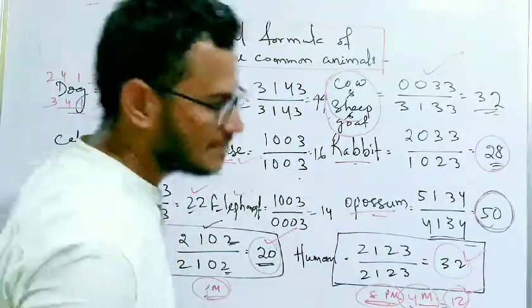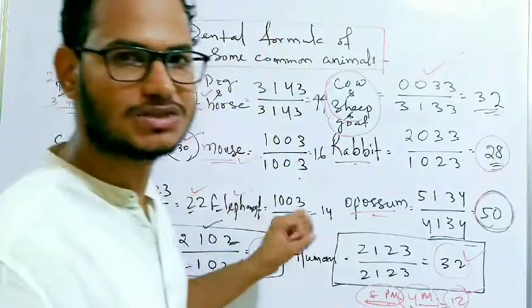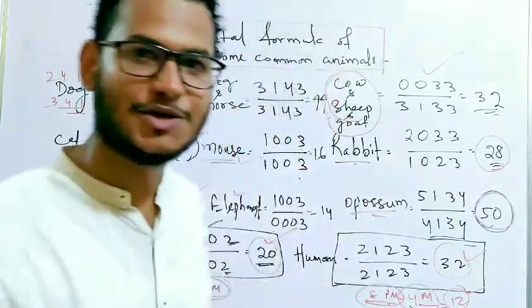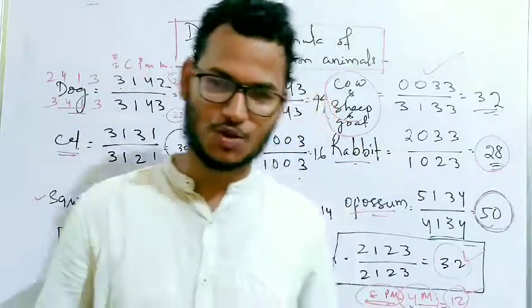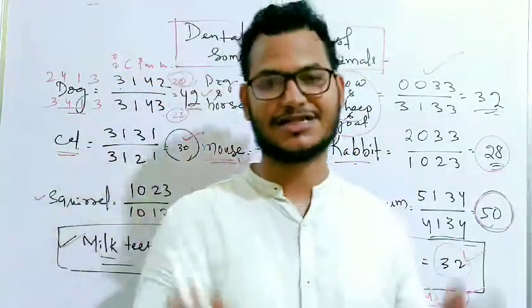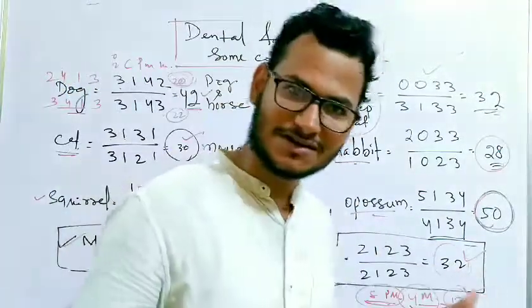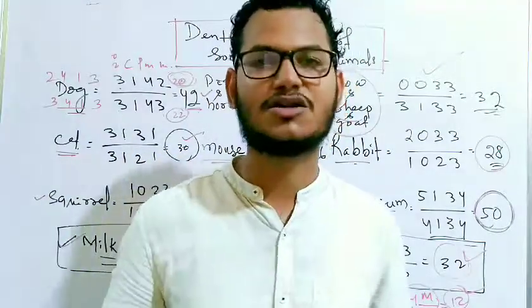These are all heterodonts because different types of teeth are seen in these animals, and including human beings, we have 4 different types of teeth in our buccal cavity. So this is all about the structure of teeth and the types of different teeth along with the dental formula. If you have any doubts, please comment below.